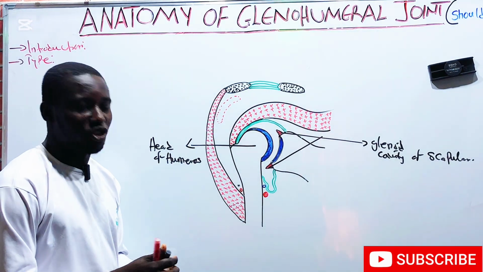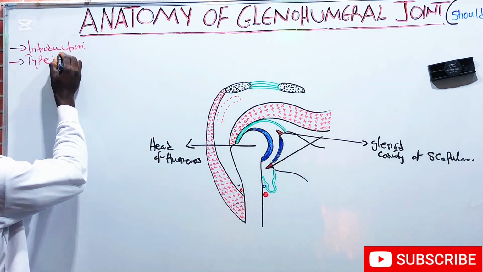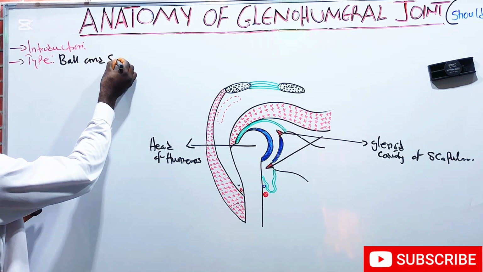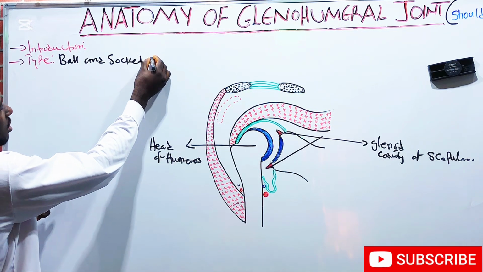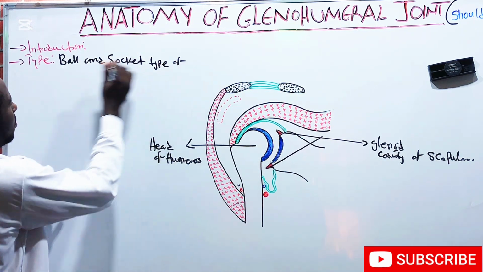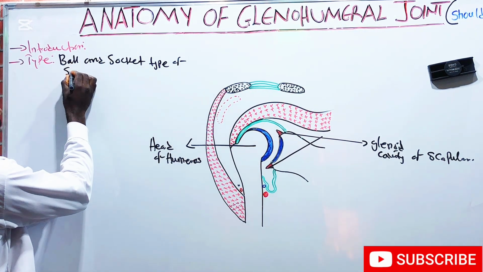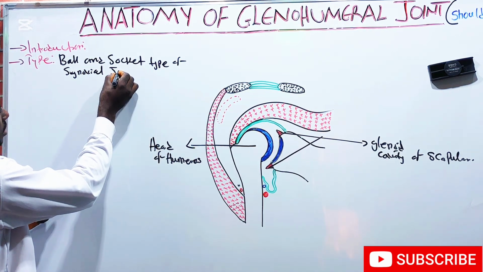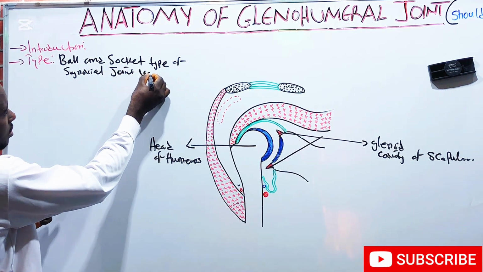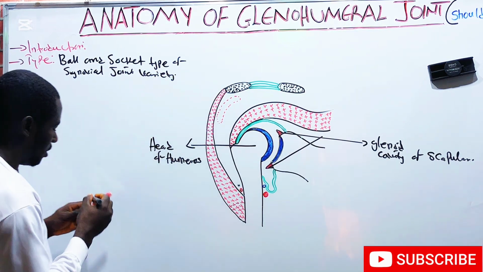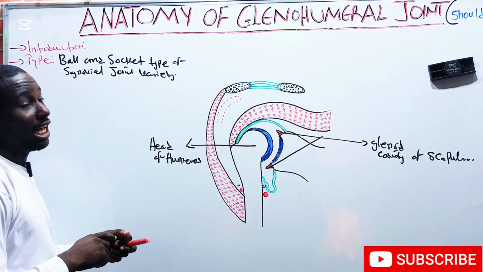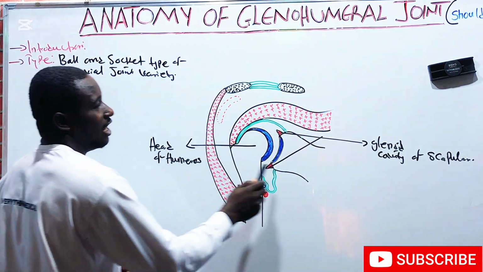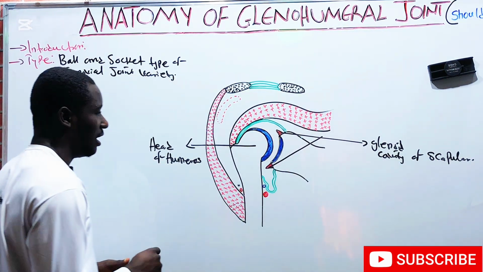So it's a ball and socket type of synovial joint variety. So that is all about the type of joint it is. Recall that it is between the head of the humerus and the glenoid cavity of the scapula.